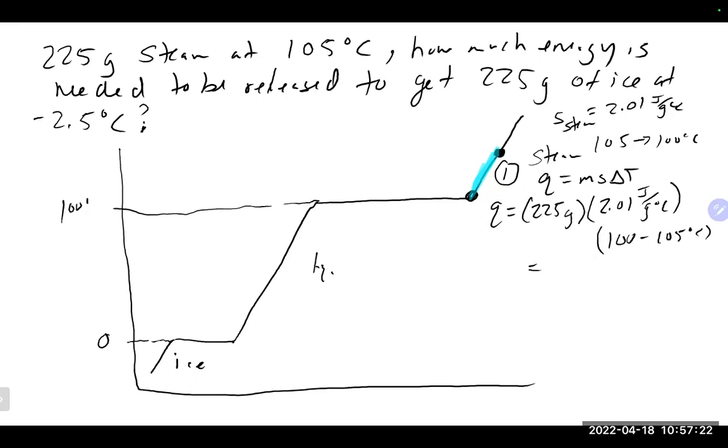So for the very first transition, it would be 225 times 2.01 times 100 minus 105, which I believe is negative 2,261 joules.